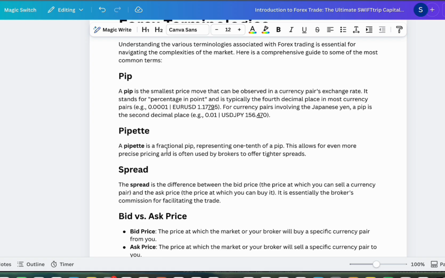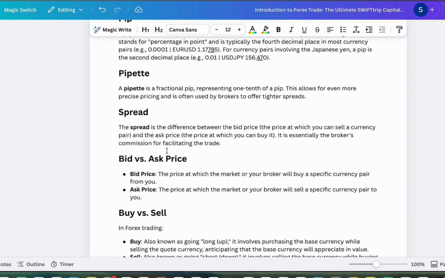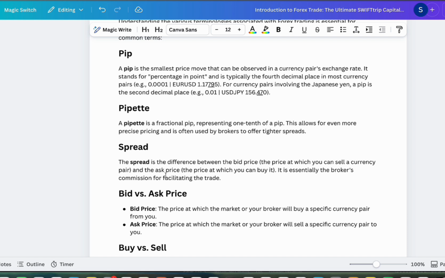Number 2, pipet. Number 3, spread. These are language in forex that you need to understand so that you'll be able to communicate as a trader in forex. Okay, so the spread is the difference between the bid price and the ask price.